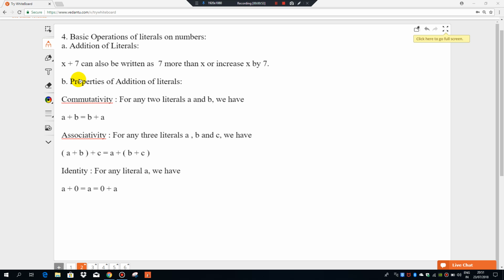Now, addition of numbers, addition of literals. x plus 7 can also be written as 7 more than x, or increase x by 7. What does this statement mean?